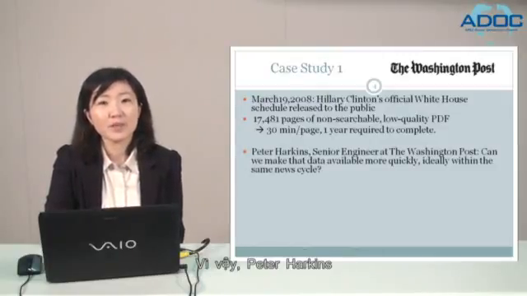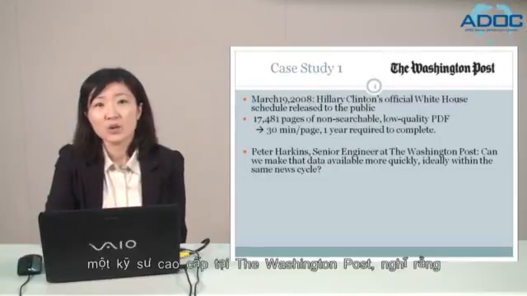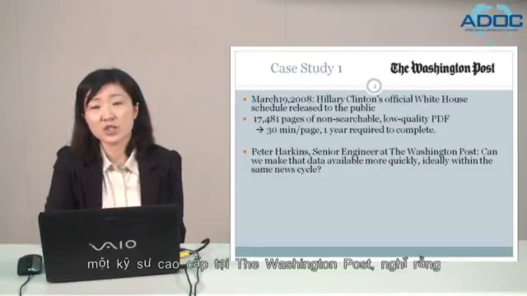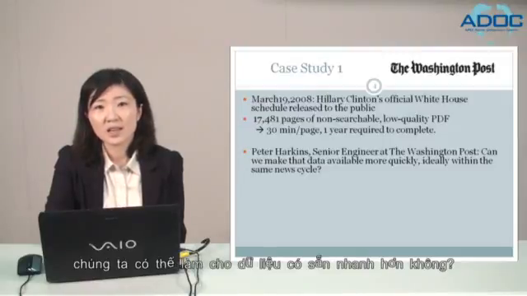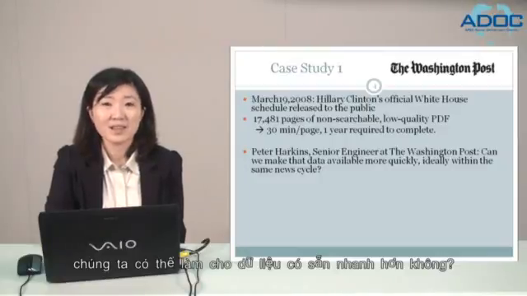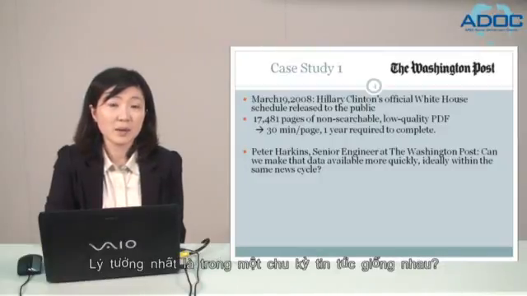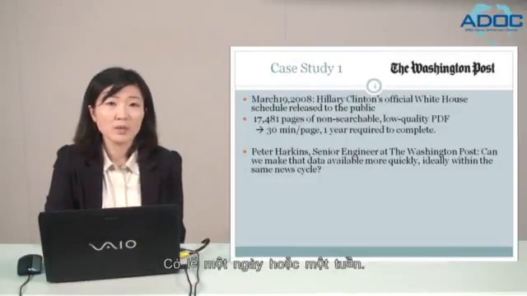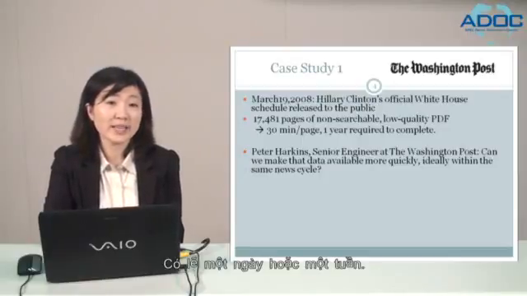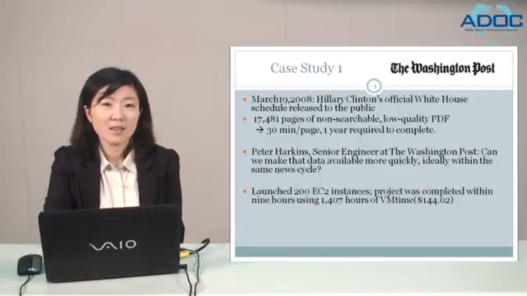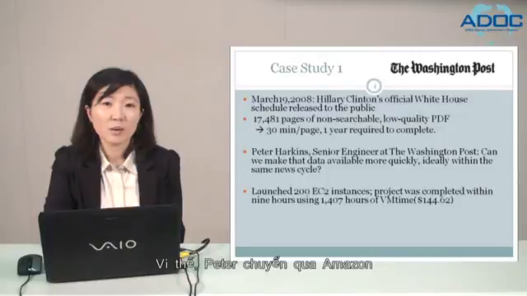Therefore, Peter Harkins, a senior engineer at the Washington Post, thought, can we make that data available more quickly? Ideally, within the same news cycle, probably 1 day or 1 week. Therefore, Peter turned to Amazon.